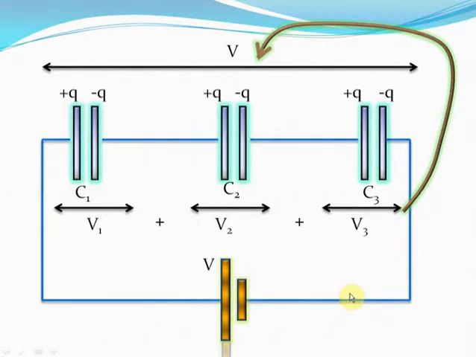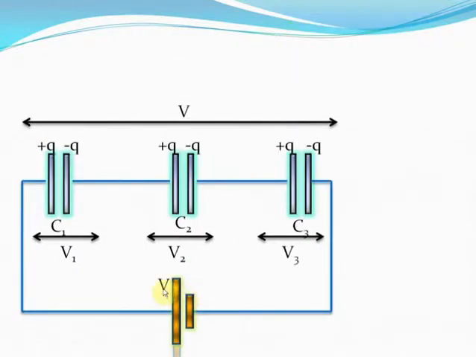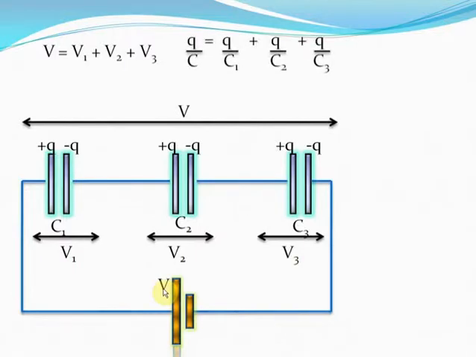So these are the 2 points that you must remember in a series circuit. The potential difference is the sum of the potential differences across each capacitor, and the charge on each capacitor is just the same. Now when you equate the sum of all the potential differences to the net potential difference created by the battery, you can actually write Q by C is Q by C1 plus Q by C2 plus Q by C3.